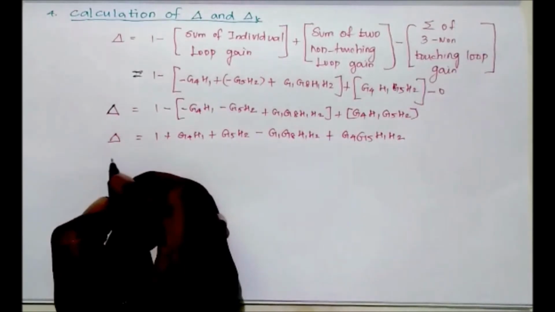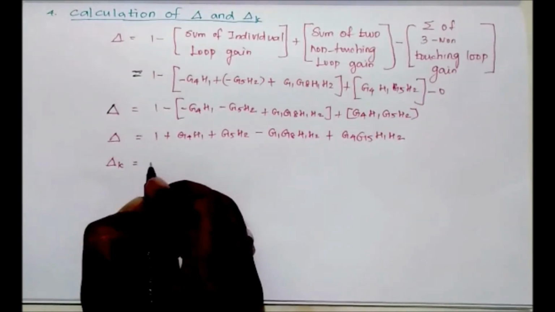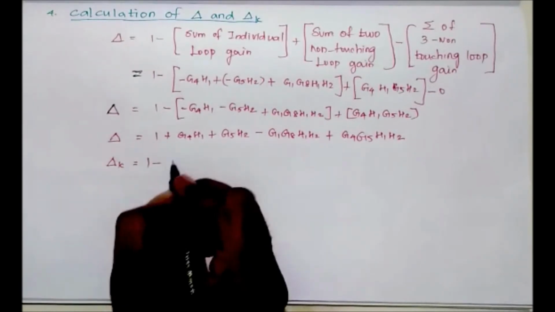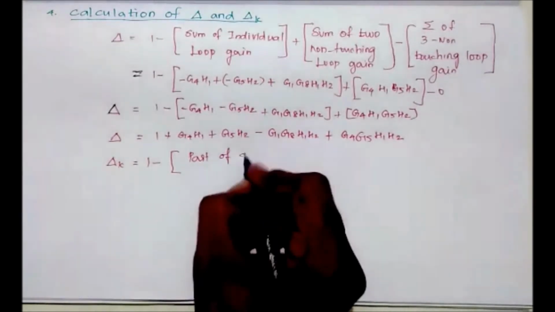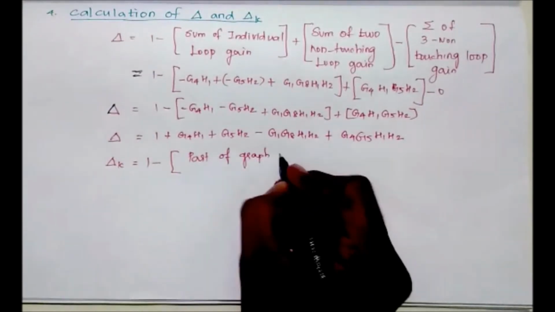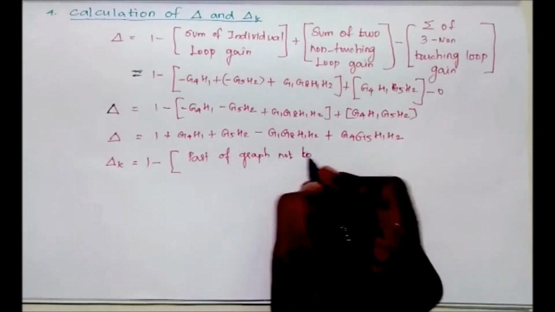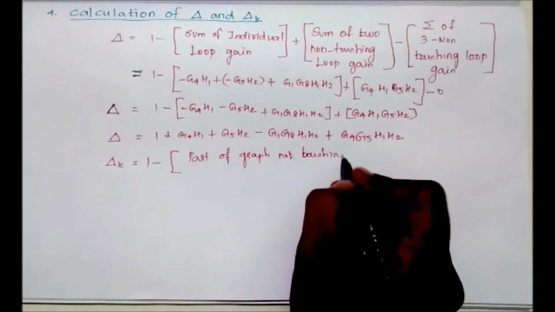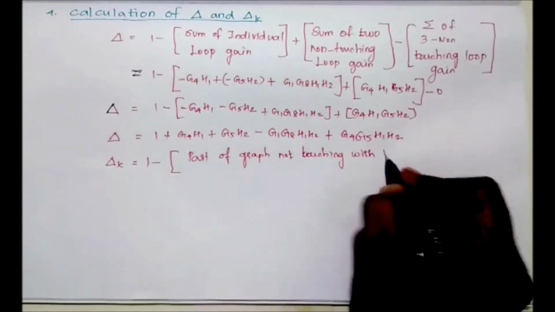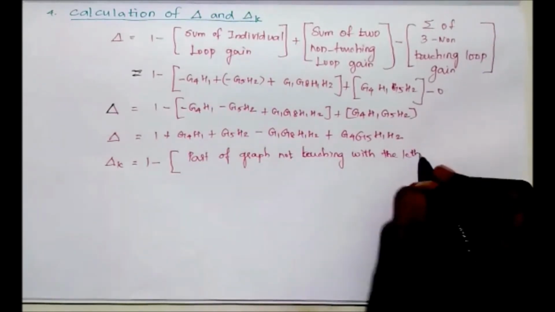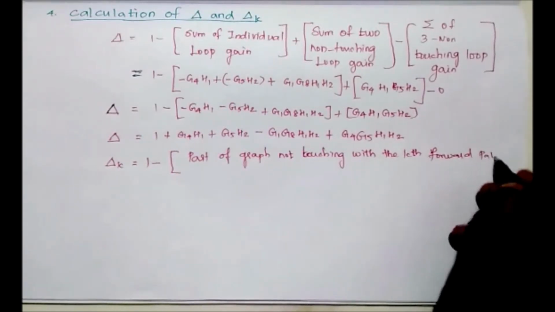Next we have to find the del k value. So del k is nothing but 1 minus the part of the graph not touching the kth forward path.